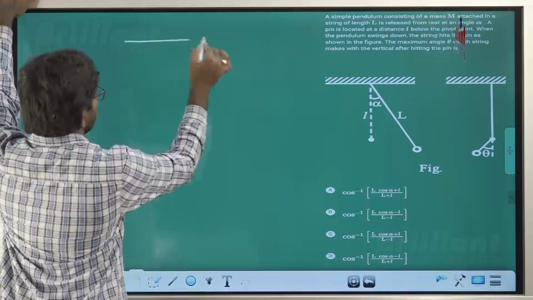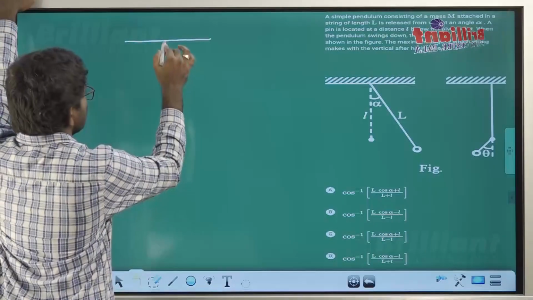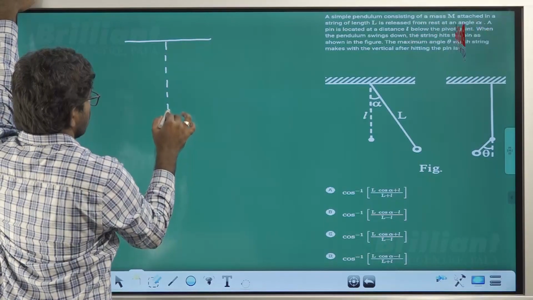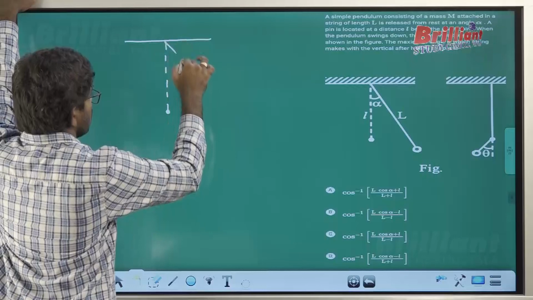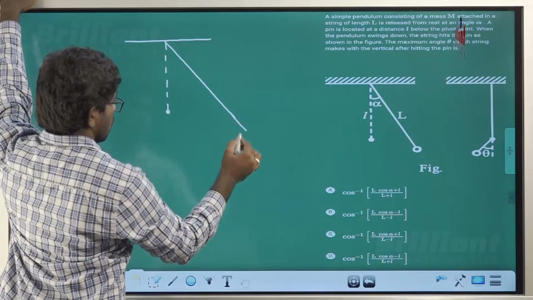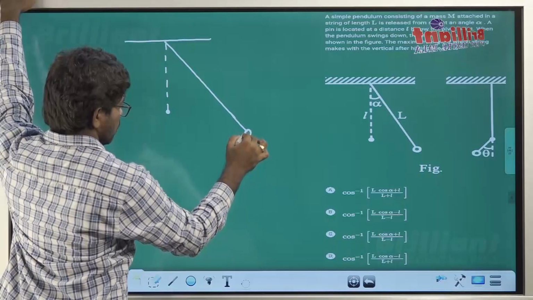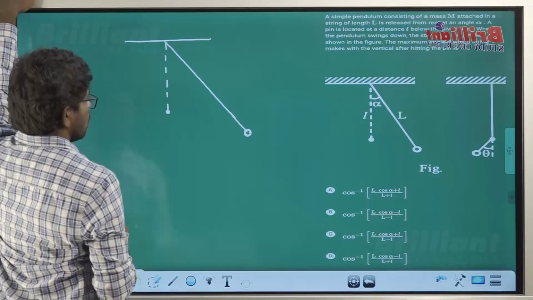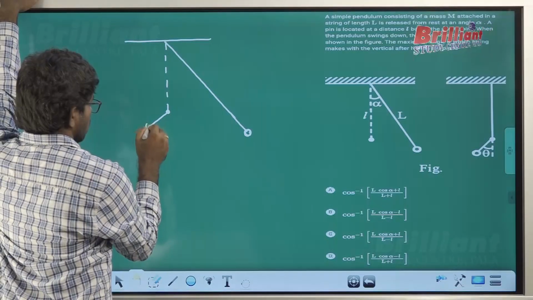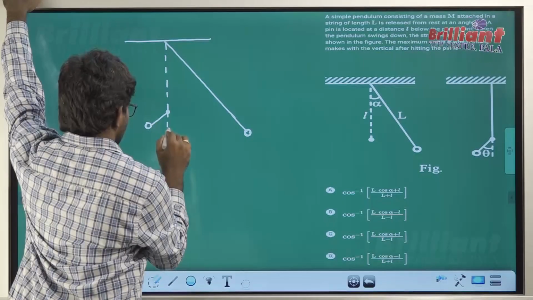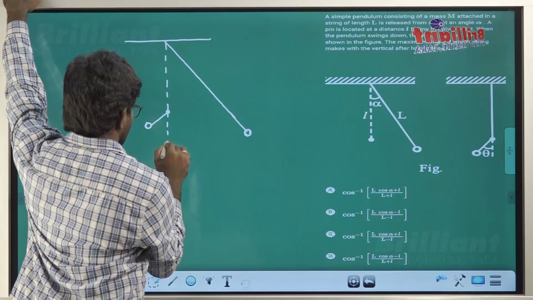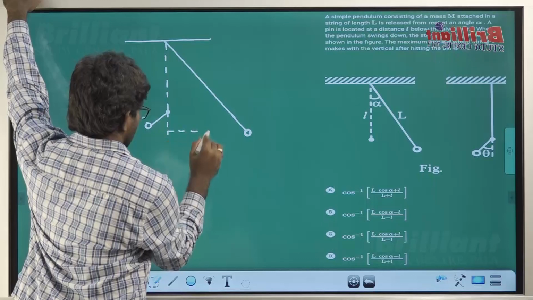Now look here. See, after that it goes somewhere like this. Just think that it is coming till here.